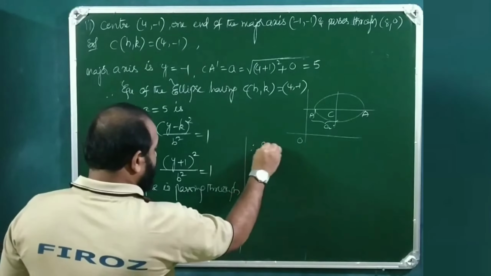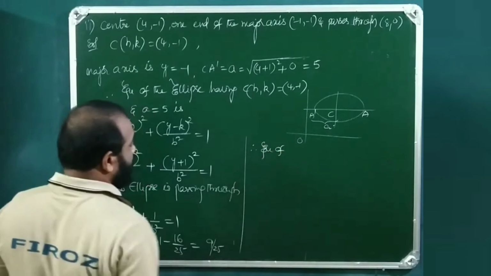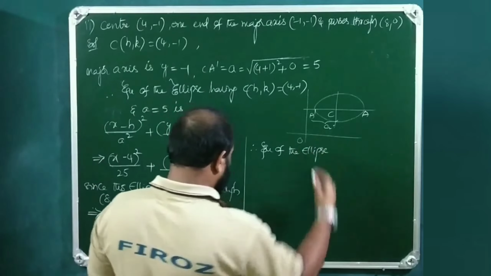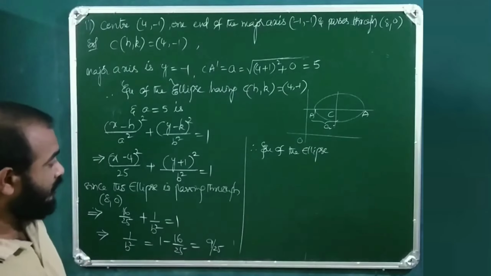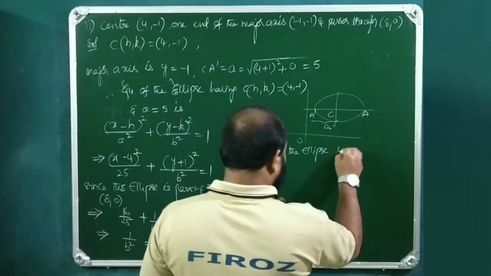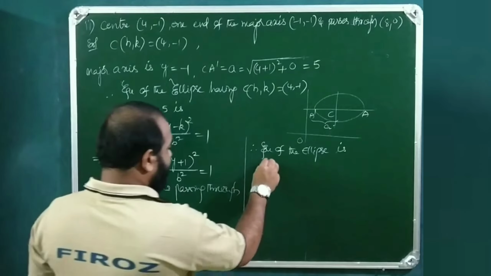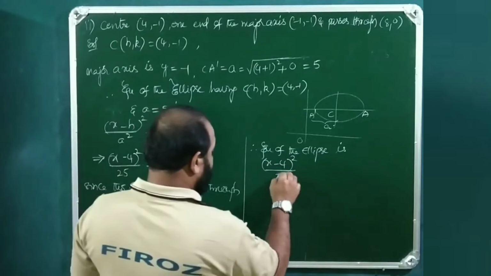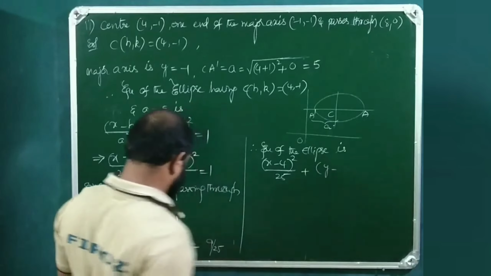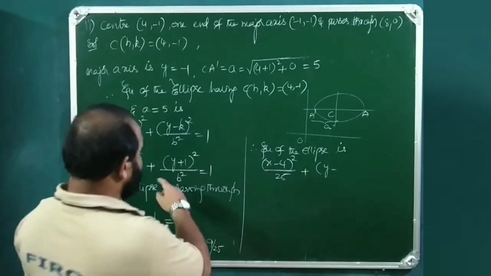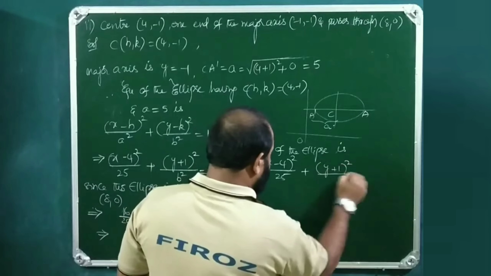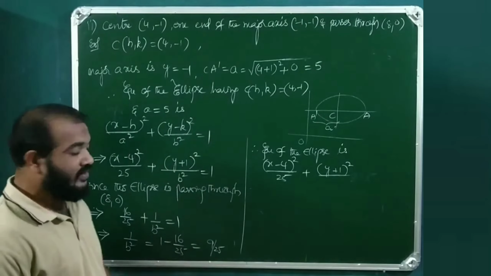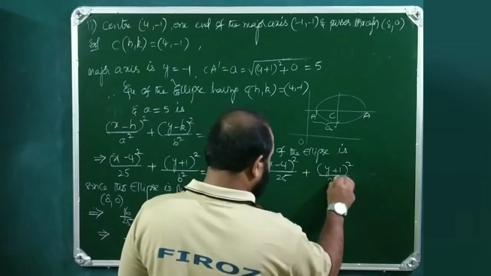Therefore, the equation of the ellipse is (x minus 4) whole square by 25 plus (y plus 1) whole square by b square. 1 by b square is 9 by 25, so b square is 25 by 9.